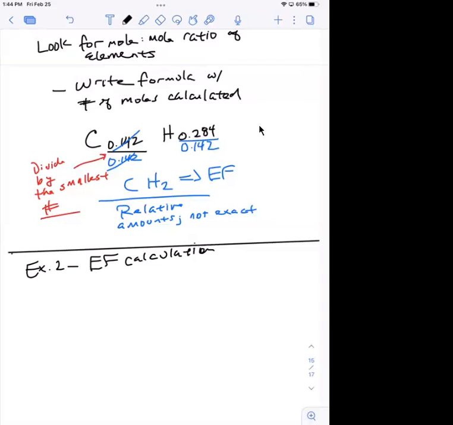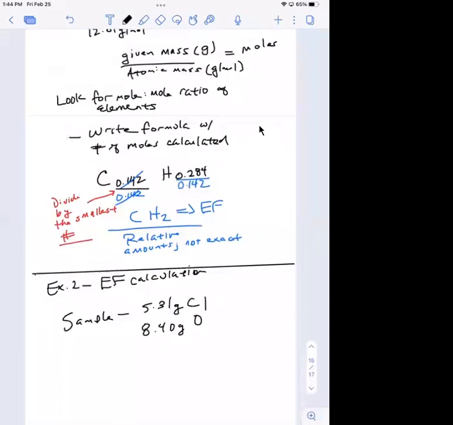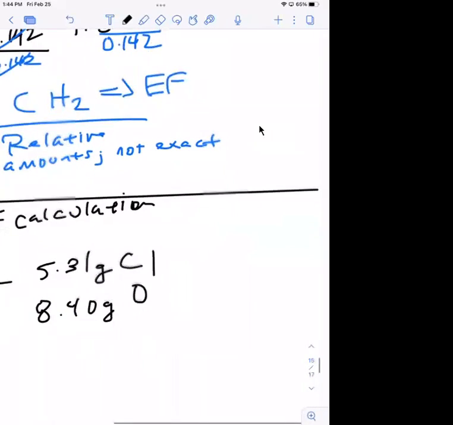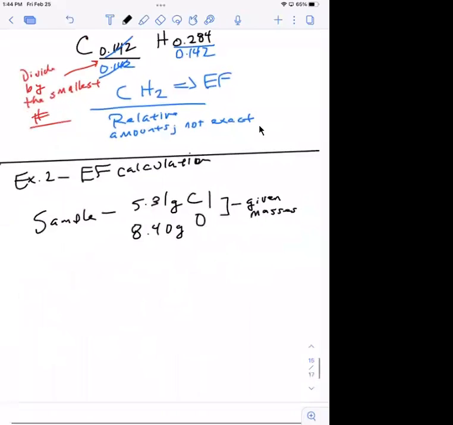We have a sample that has 5.31 grams of chlorine, and it also has 8.40 grams of oxygen. These are my given masses, just like we talked about up top. And we need to find out what the empirical formula is.